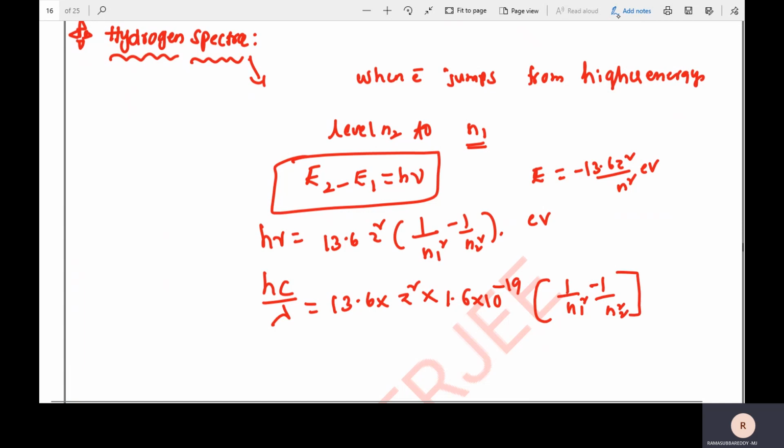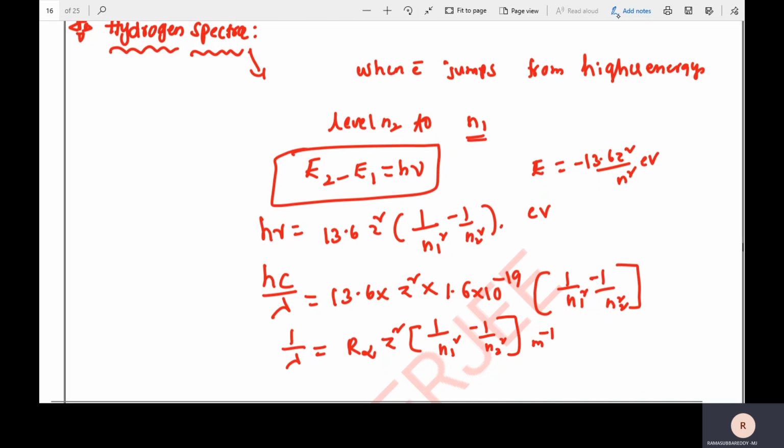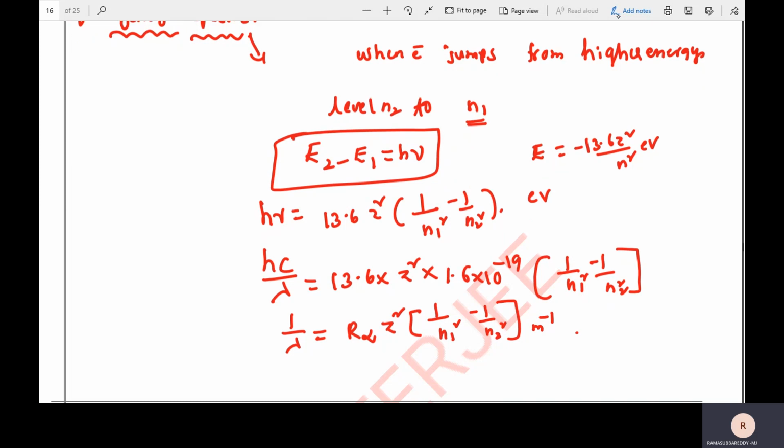The hc value also goes to the other side. Then 1 by lambda is equal to R infinity times Z square times 1 by n1 square minus 1 by n2 square. This is in meter inverse. This is our more generalized form to find the wavelength of hydrogen spectra.